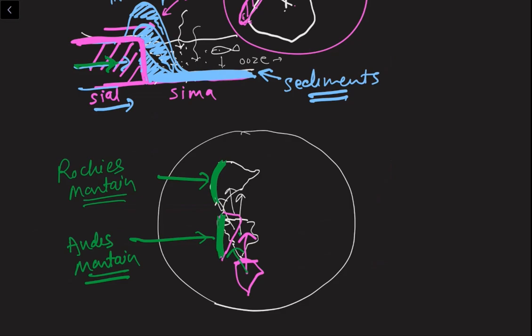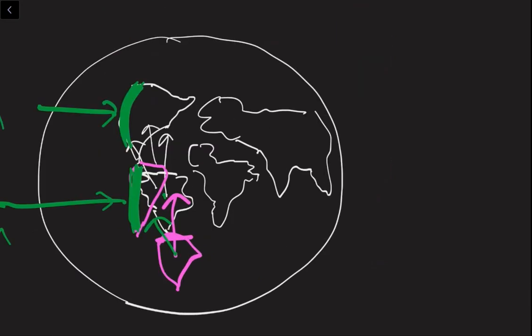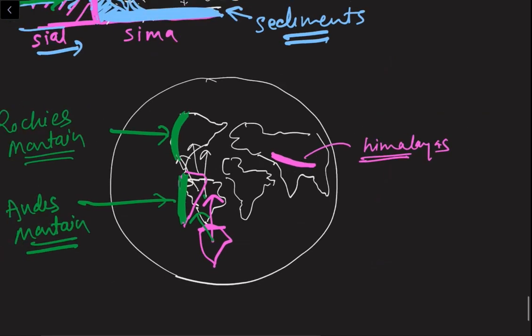But now the question was asked to him: there is another continent. Suppose this is Africa, this is Europe, and here is India. Everyone can see this, right? Here is India, and we have the Himalayan mountains here. But can you see that there is no ocean between them?